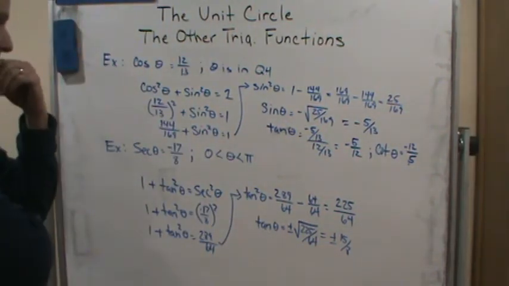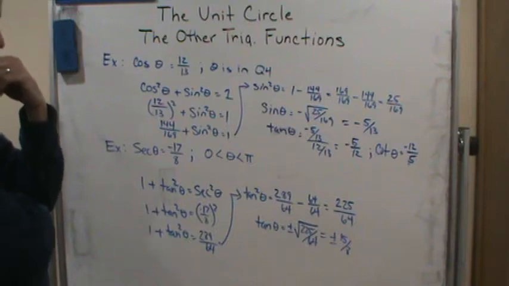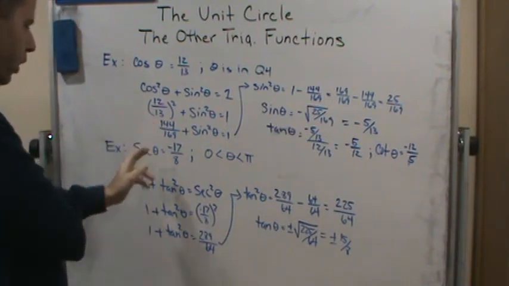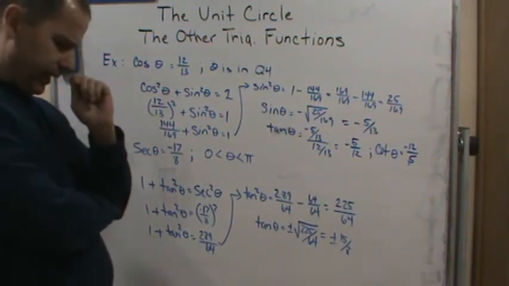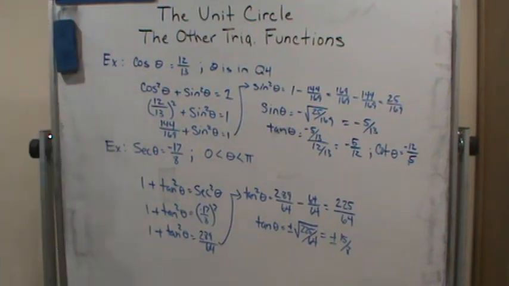So now the question is okay, what is it, plus or minus? Well, okay, so this is 1 over cosine, right? And we know that cosine is positive in the first and third quadrant. Or excuse me, I'm sorry.